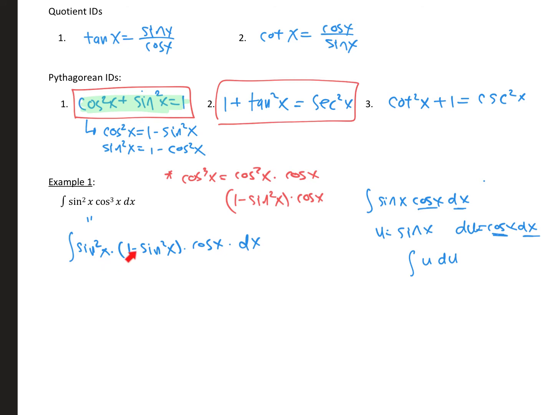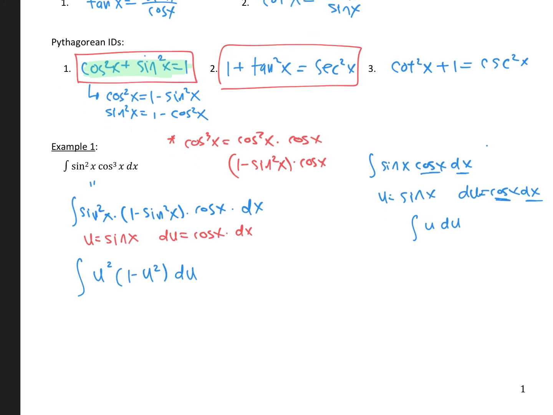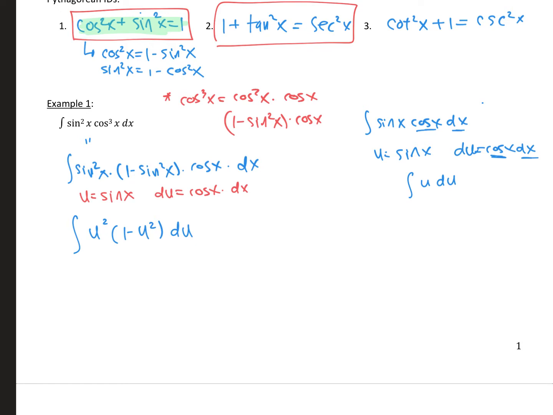So now I have everything in sine and cosine x dx. That'll help us. So let u be sine x, and then du is cosine x dx. So having said that, I can go u squared times 1 minus u squared du. Hopefully this will make it a little easier to integrate.